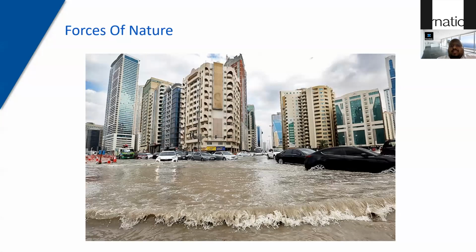Of course, you have to deal with the forces of nature. This is a picture not very far from Dubai. This is Abu Dhabi. And we all know from the region what happens when it rains, it floods. And so we are not, I would say, insulated from the typical forces of nature, which globally many countries would experience.